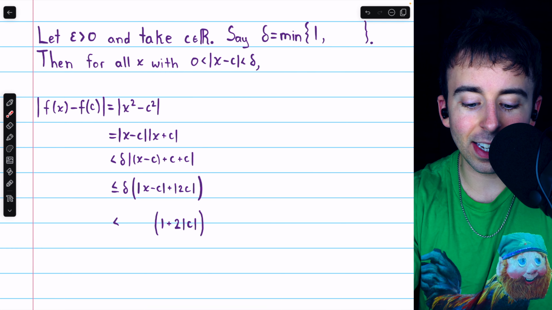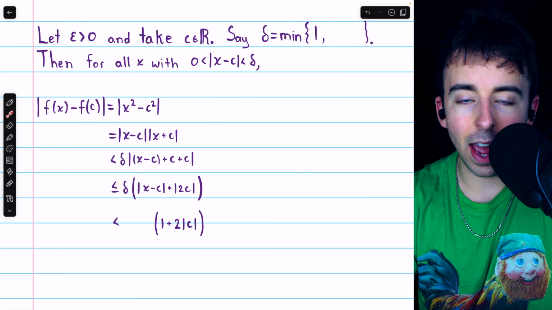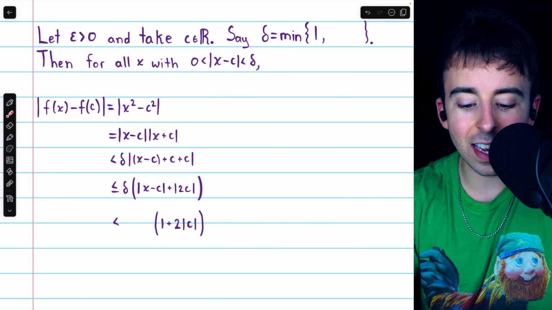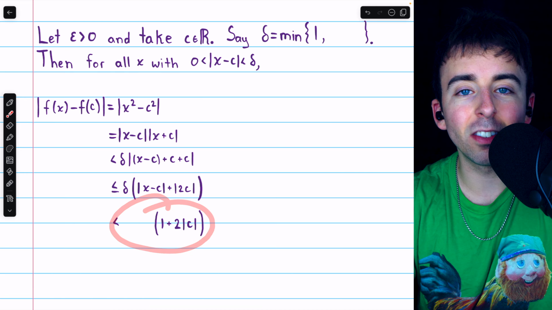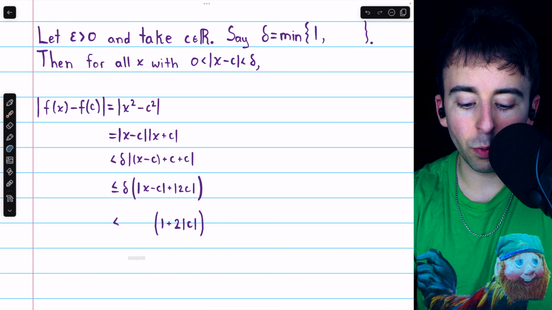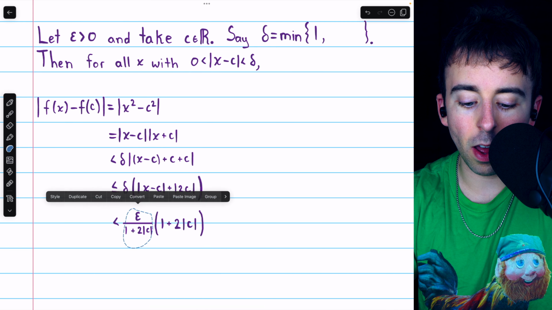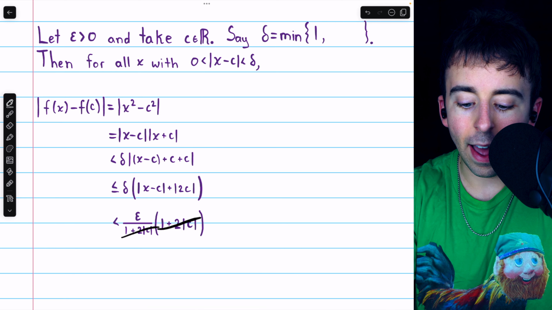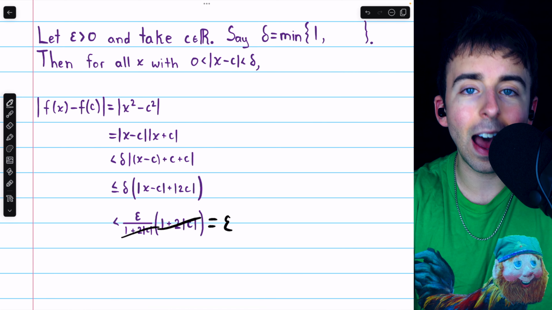If we can say that delta is less than epsilon over 1 plus 2c, then this last step is going to work out perfectly. If we replace delta with epsilon over 1 plus 2c, then these will cancel out and we'll just be left with epsilon.